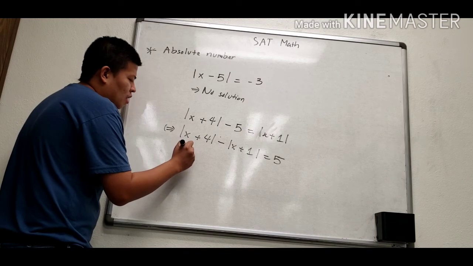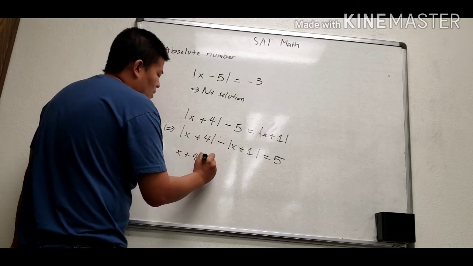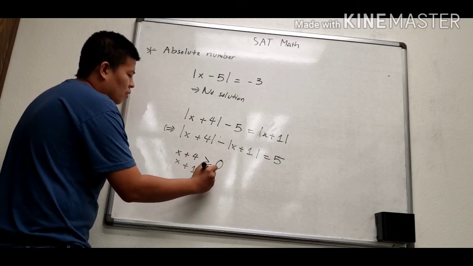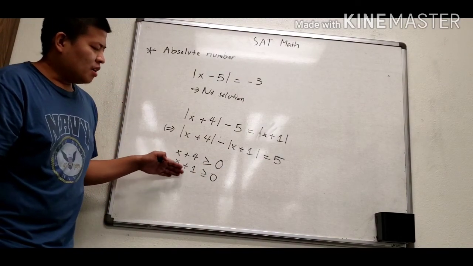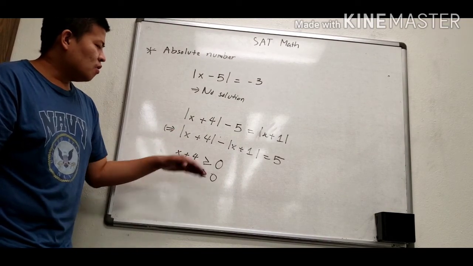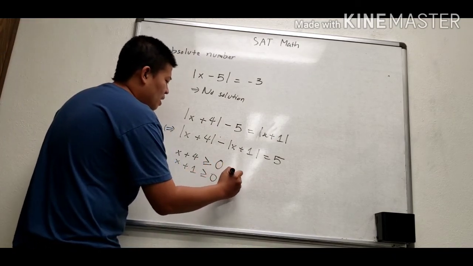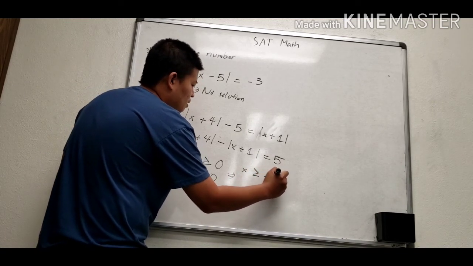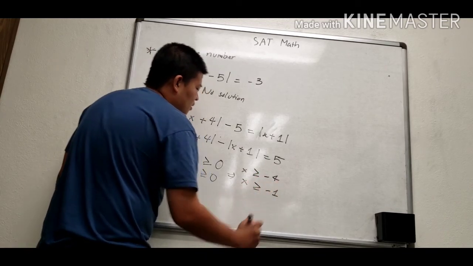We consider s plus 4 greater or equal to 0 and s plus 1 greater or equal to 0, because if it is more than 0, it can be a positive number. If it is below 0, it can be a negative number. Here we have s greater or equal to minus 4 and s greater or equal to minus 1.